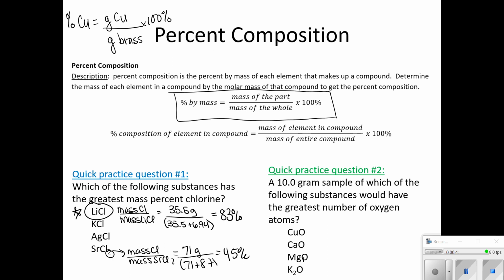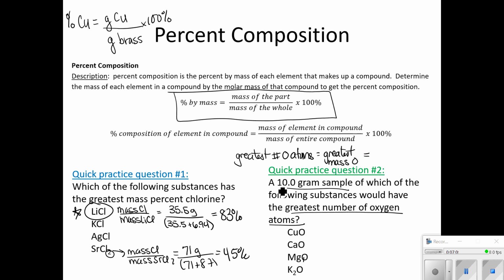This next practice question is another variation on this, where we're looking at a 10-gram sample. A 10-gram sample of which of the following would have the greatest number of oxygen atoms? When you see a question like this, the one with the greatest number of oxygen atoms would also have the greatest mass of oxygen.